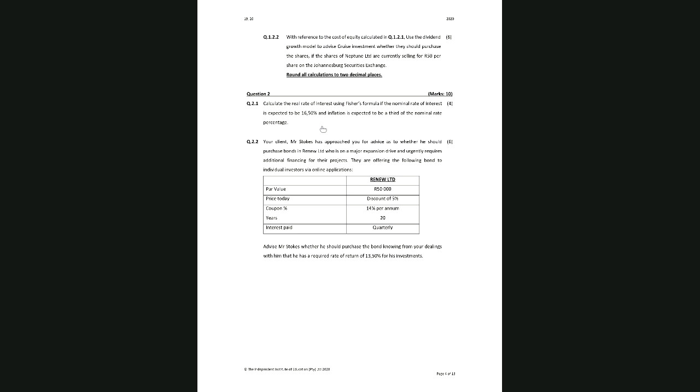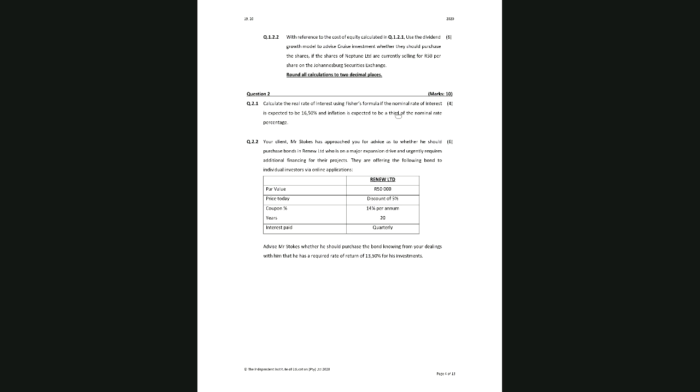So then our question two. This first one is very easy. For 4 marks, calculate the real rate of interest using Fisher's formula. So just look in your textbook for the page that Fisher's formula is on. It's also in that risk and return section where they discuss interest rates. Use the formula, and then they've given you certain information.